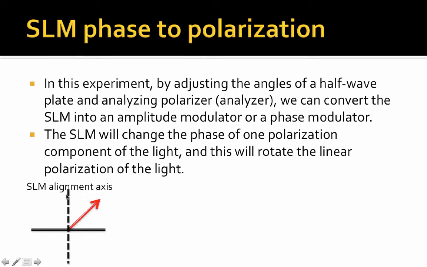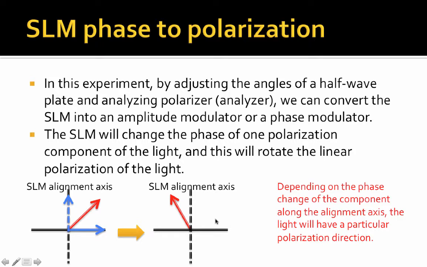Suppose that your electric field vector, your polarization of your light, is along this red line. And suppose that the spatial light modulator alignment axis is vertical. If this is the alignment axis, then the phase of the blue component of the light could be changed, the dotted blue component, and the solid blue component is not going to change. So we're going to use the SLM to change the phase of this dotted blue component.